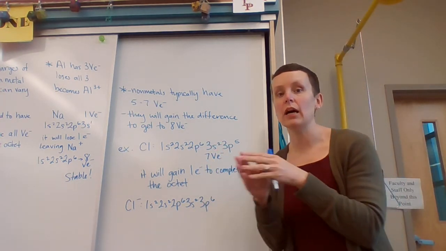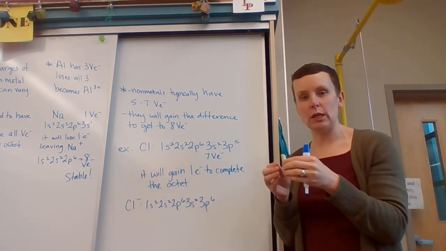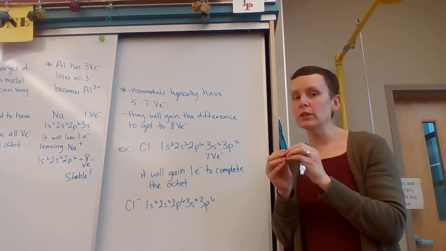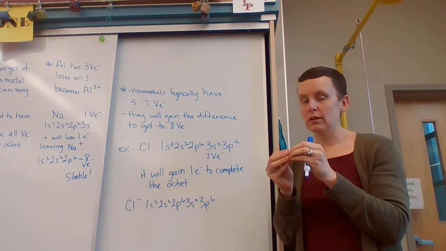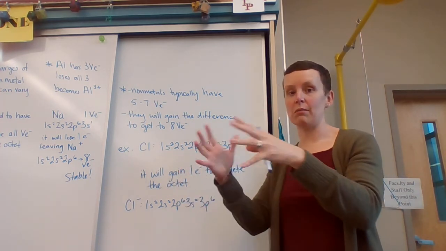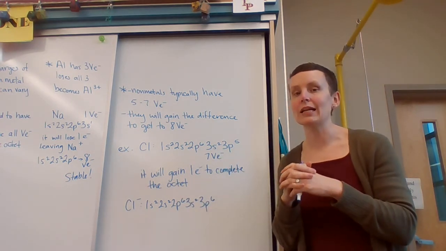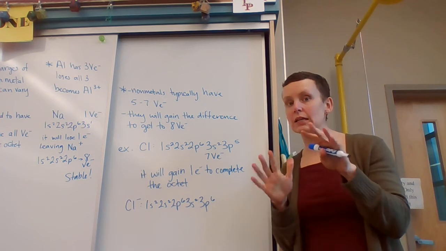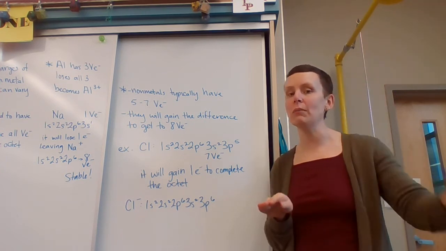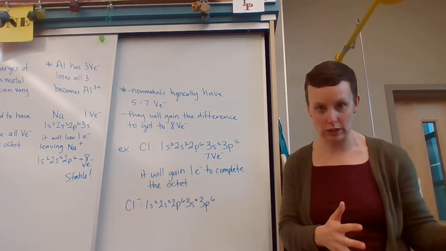It is not becoming argon because it still has 17 protons. Protons define it as chlorine. Electrons can become the same as argon, the same configuration, but it's not becoming argon because it still only has 17 protons. So please make sure that you know it is not becoming a noble gas. It is getting the same electron configuration as a noble gas.